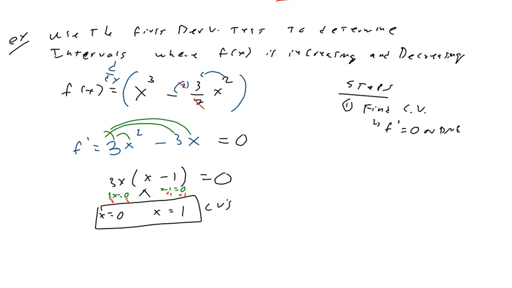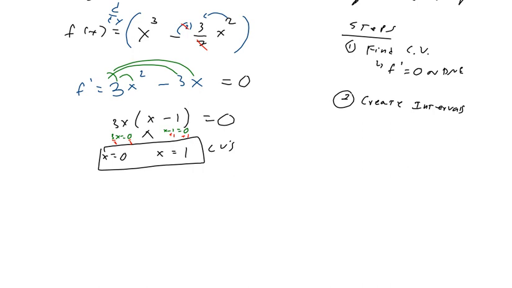So once we've found those critical values, step 2 is to create the intervals. 0 and 1 are chunks, so I have 3 sections of my graph. Create a little table here.